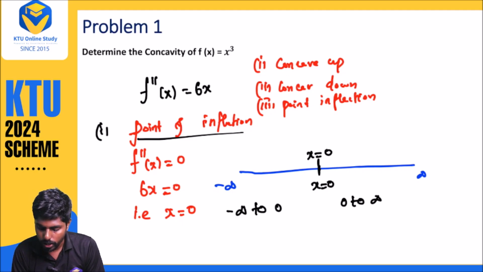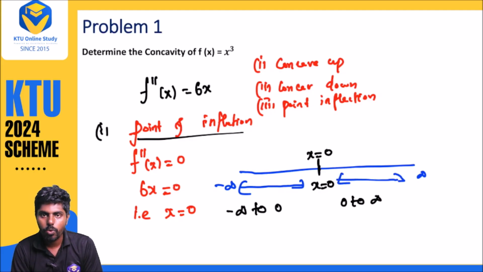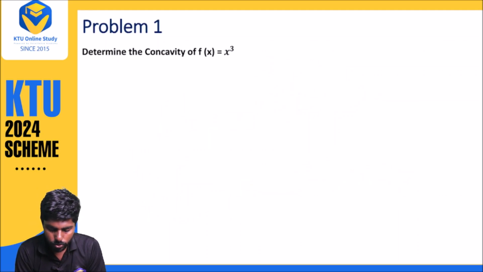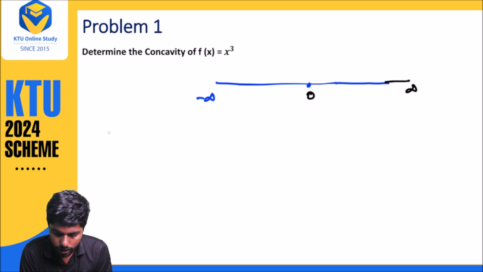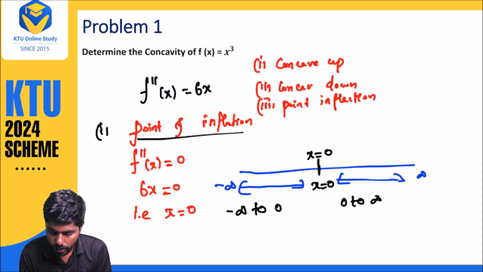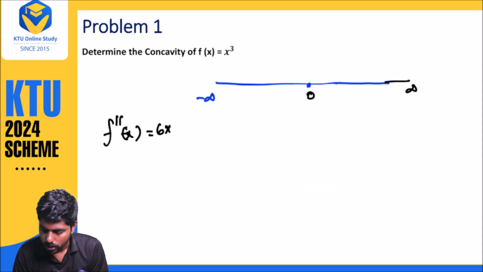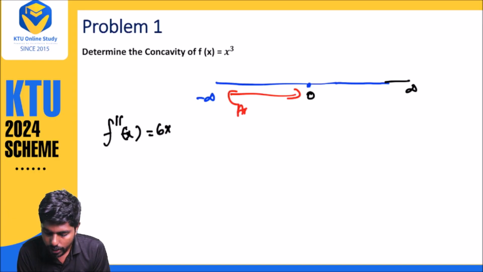Now we want to substitute a value. When we substitute in minus infinity to 0 and 0 to infinity, f double dash of x is equal to 6x. Now from here to here, any value you apply, and any value here also I am applying.